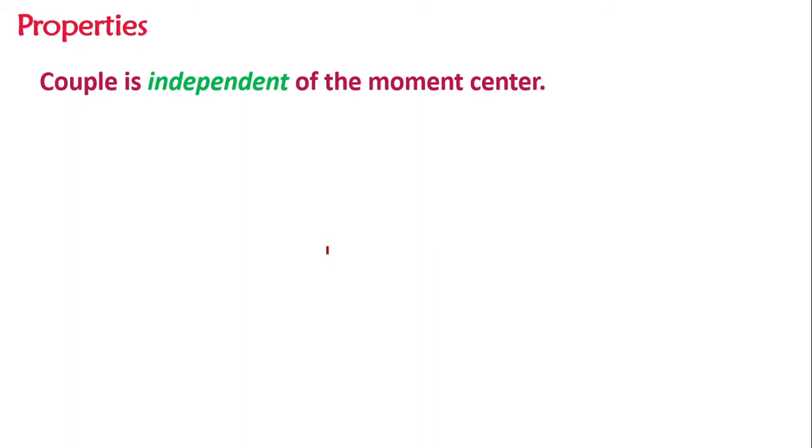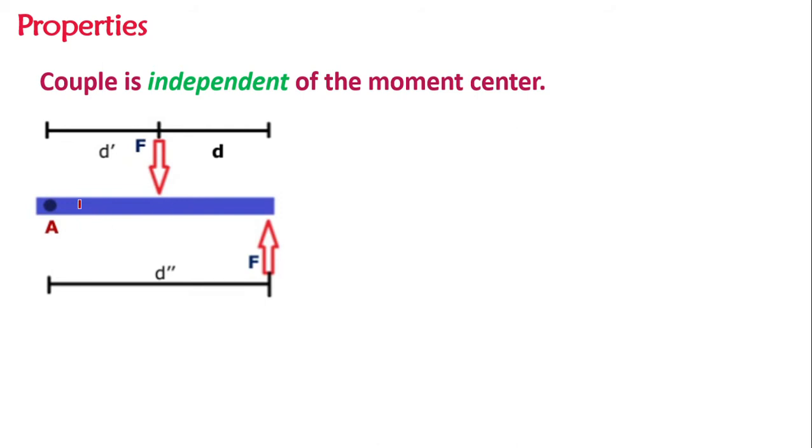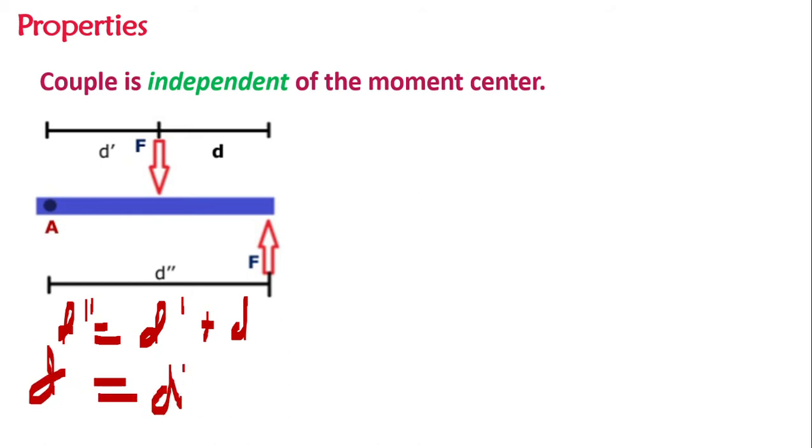So, couple is independent of the moment center. So, we have here couple, force, moment along the A. So, makita mo yan. We have the D prime and the D double prime. Pag kinuha natin yung D double prime is equal to D prime plus d, diba? Yung distance yan. But if you're solving for the d, it is equal to D double prime minus D prime. Okay.